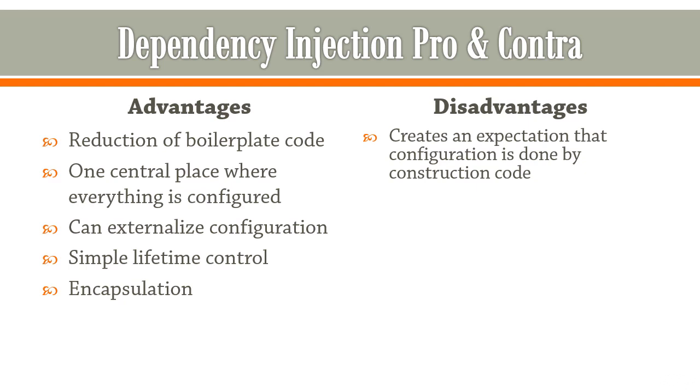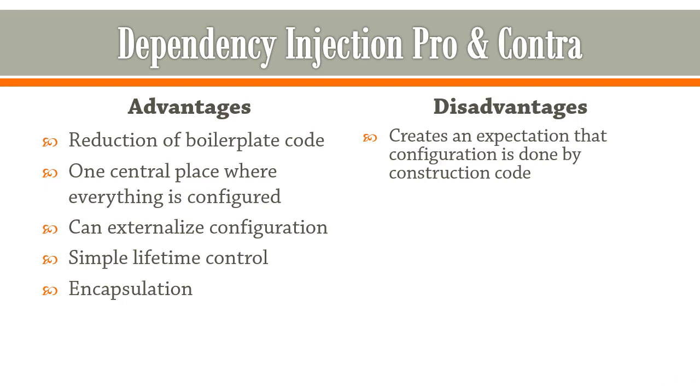It introduces this mindset that you should do everything in the container, and this becomes problematic because some people, especially junior programmers, might still want to try and actually invoke constructors and whatnot, which is of course not a great idea, and you can end up with a real mess because when you call constructors, you're going to try to satisfy some of their dependencies, but you're not going to be able to do it in a recursive way in a large scale system, so that's going to be problematic.